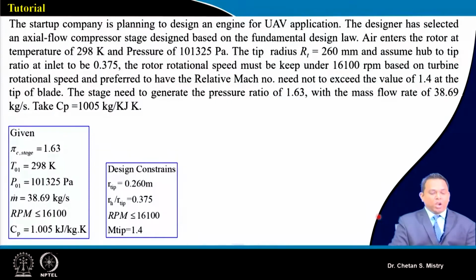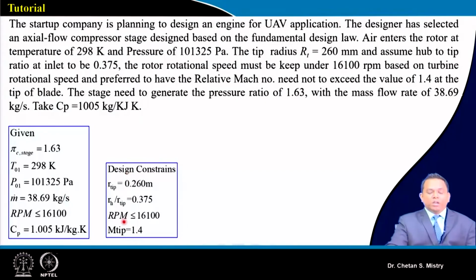Now in this case, what is given to us is that we are looking for a compressor to be designed with a pressure ratio of 1.63, and our temperature and pressure are given. Our rotational speed is given as a constraint: we should not increase our rotational speed beyond 16,100.